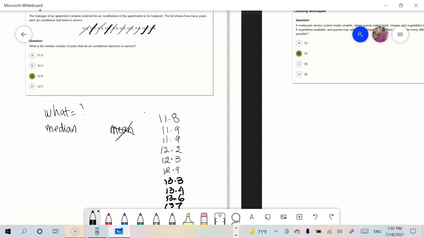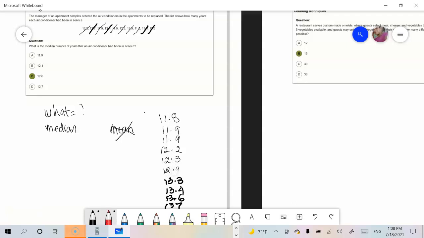Now, how many numbers do I have? I have 10, so I should have 10 here. Okay, let's count. 1, 2, 3, 4, 5, 6, 7, 8, 9, 10. Okay, looks okay. Now, what is the median? If I have 10 numbers, I need to divide this set in two sets with the same amount of numbers.